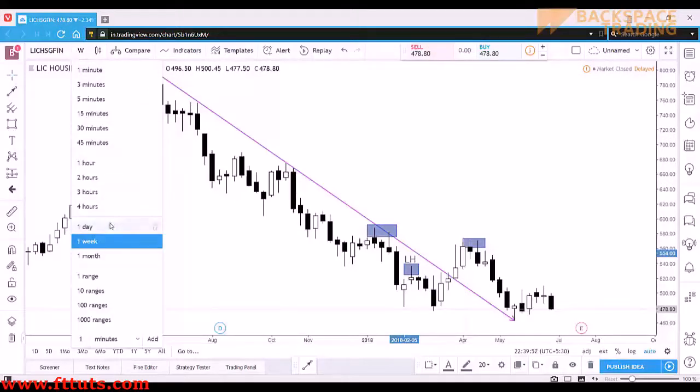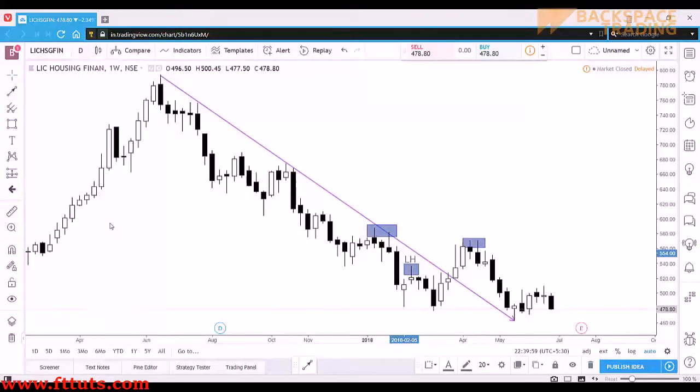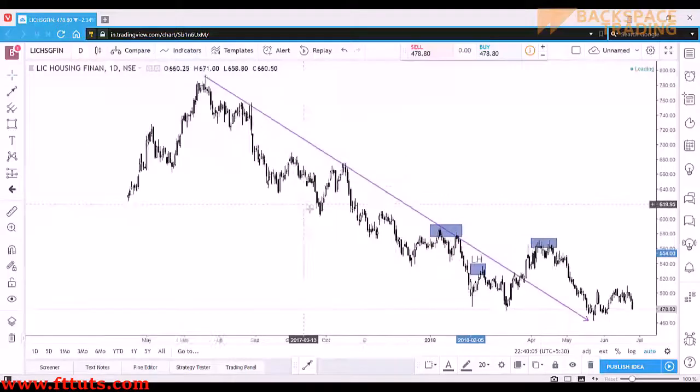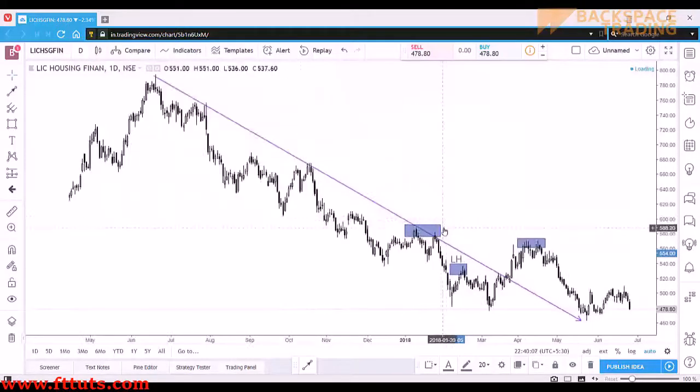Okay. Let's go to 1-day candlestick. On this, you will be able to see very neat lower highs and lower lows.